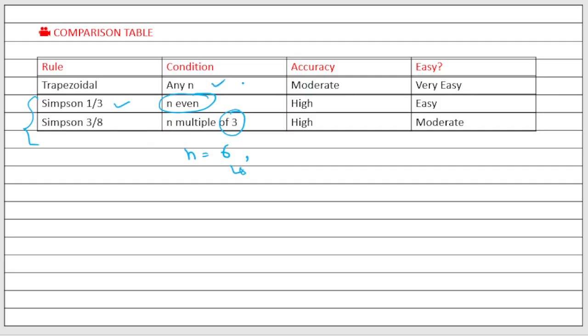And if there is no restriction on n, and it is mentioned trapezoidal rule, you can use it. Then accuracy: using the trapezoidal rule, because trapeziums are considered, you will get a moderate answer. Accuracy is high in the case of Simpson's one-third rule and 3 by 8 rule. In terms of easiness, the trapezoidal rule is very easy, Simpson's one-third rule is easy, and this one is moderate to use.